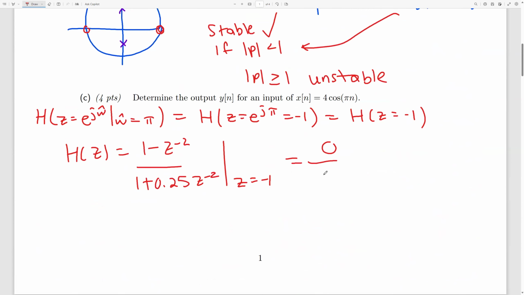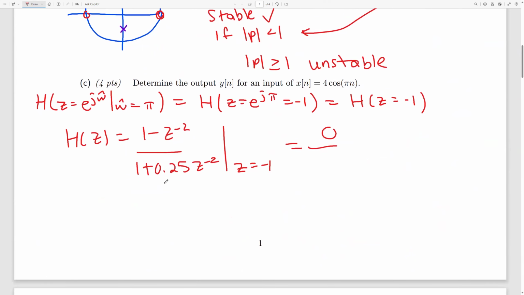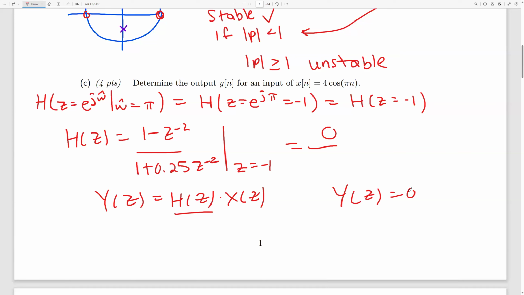So automatically you get H of negative 1 equals 0. So what this implies is that if Y of z equals H of z times X of z, and this part is 0, then that means that Y of z equals 0, which is equivalent to saying y of n equals 0, and you're done.